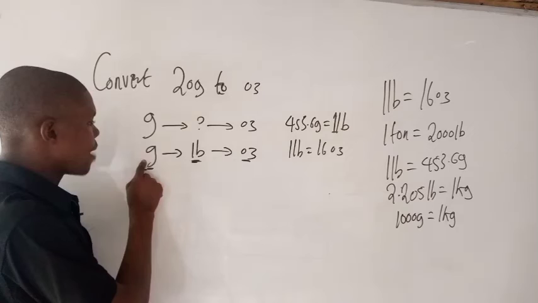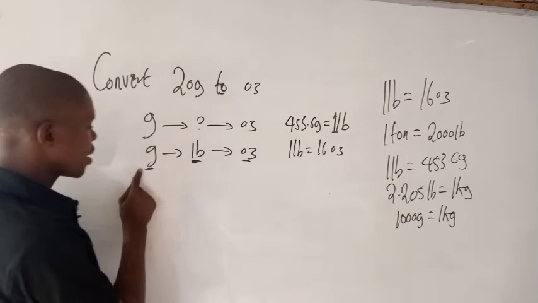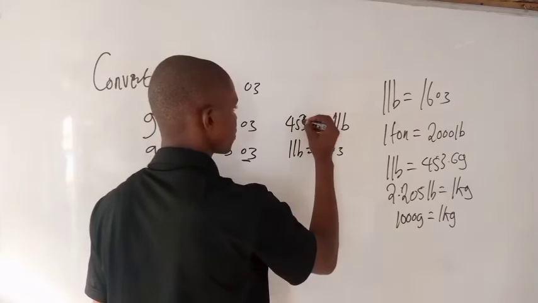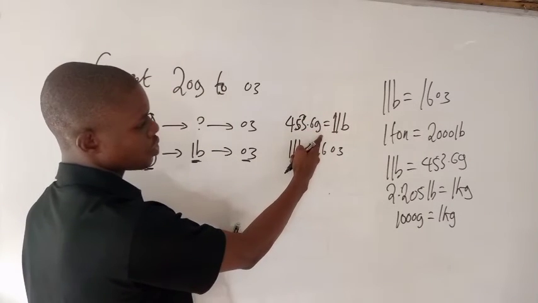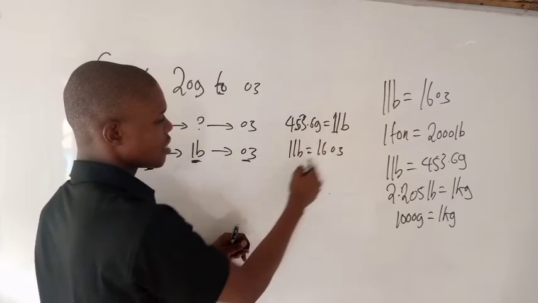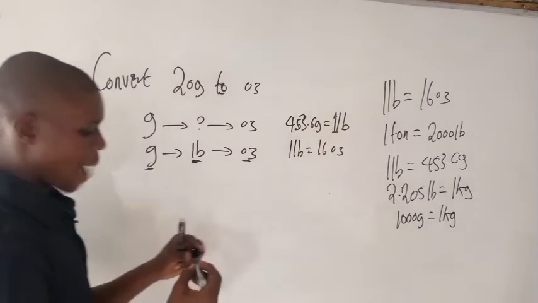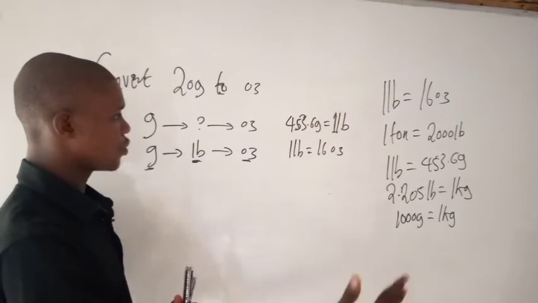I convert from gram to pounds, therefore, pounds to ounce. Do you get? So the relation between gram and pounds is 453.6 gram equals 1 pound. Then 1 pound equals 16 ounce. Do you get that? So remember, I must arrange it in such a way that we cancel out units to get what we desire, the unit.